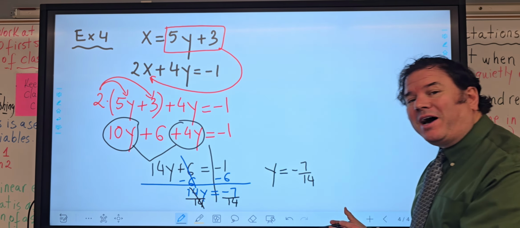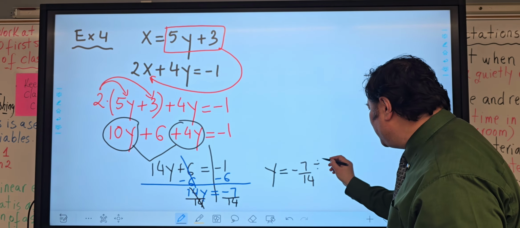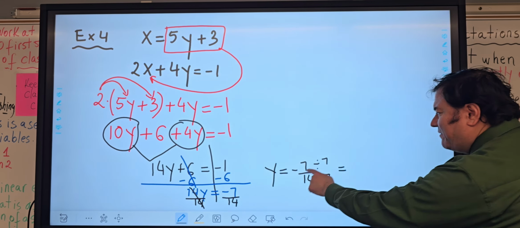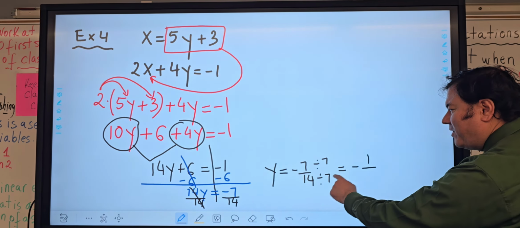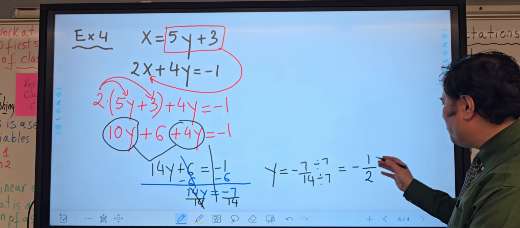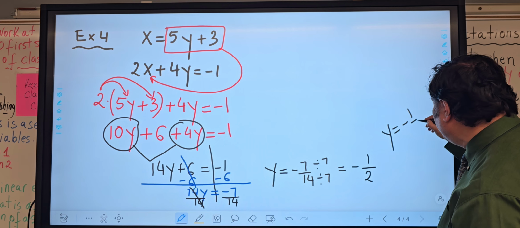But we can simplify that. We can divide top and bottom by 7. -7 divided by 7 becomes -1. And 14 divided by 7 becomes 2. So y equals -1 over 2.